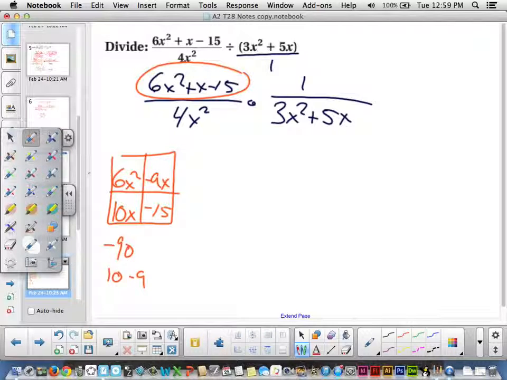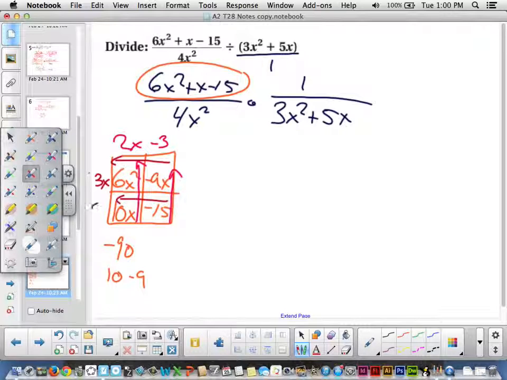And then we're going to look at what's in common going up. That looks like negative 3. Going up here, they're both even, so it looks like 2x. As we go sideways, we got 6x squared and negative 9x have 3x in common. Going sideways here, we got 5. Let's just double check.